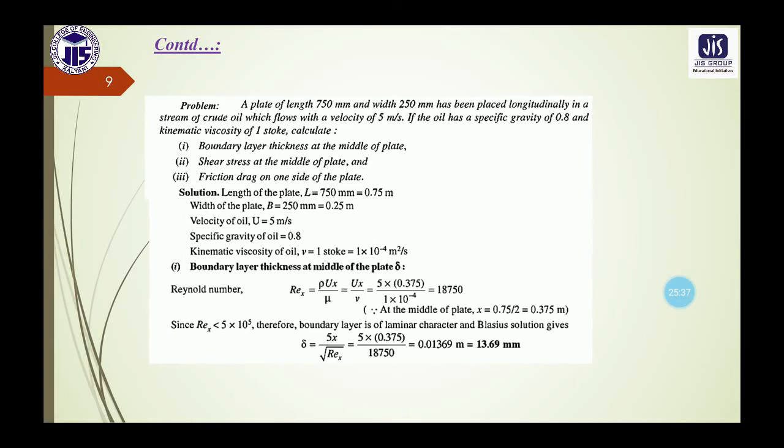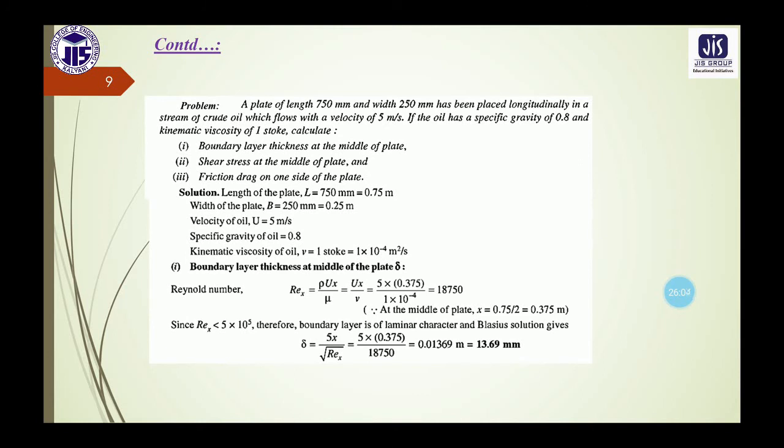The unit of kinematic viscosity is given here as stoke. The SI unit of kinematic viscosity is meter square per second, and 1 stoke equals centimeter square per second. If we convert this 1 stoke into meter square per second, it will be 1 into 10 to the minus 4 meter square per second.